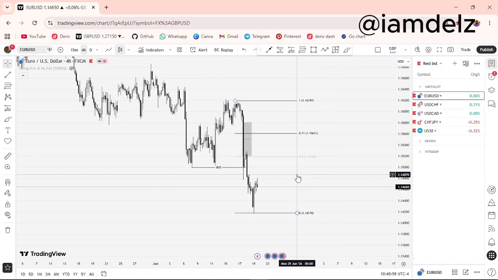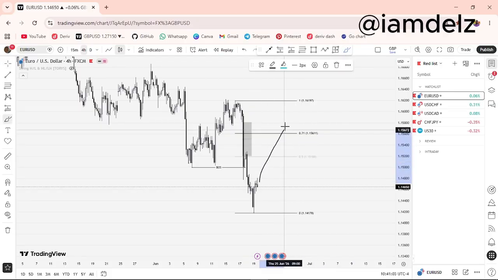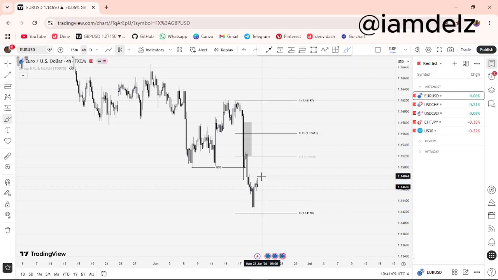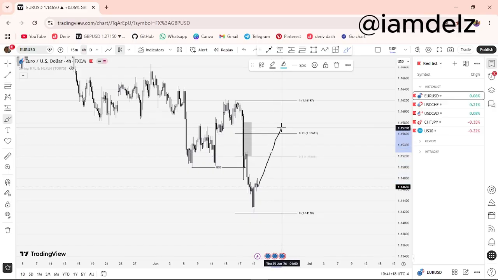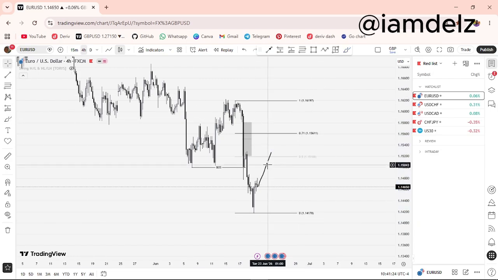My expectation on EURUSD now is that I want it to come back into the 71% and then continue downwards. Before I set my entry parameters, I would want to see price pull into the 50% level, before entering the 71% and then coming down.